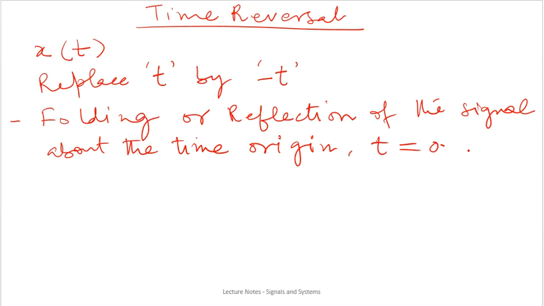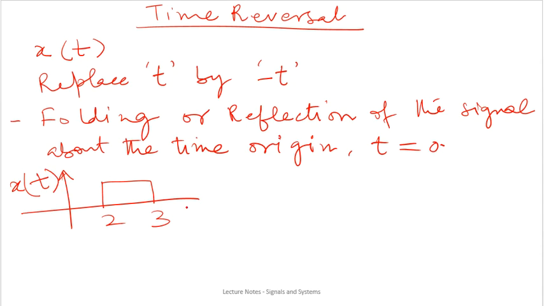So you just have to obtain the mirror image of a signal if you have to perform the reflection operation or the time reversal operation. Again it can be done in any signal. Like again you take an example, this is a signal, this is x(t), this is t.